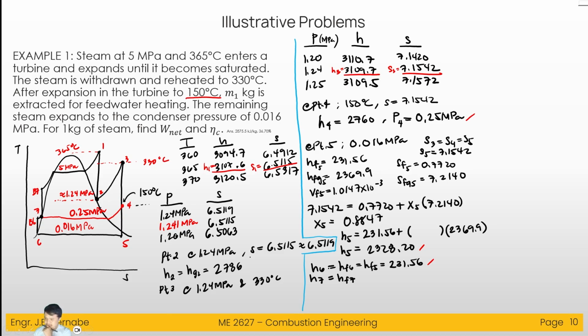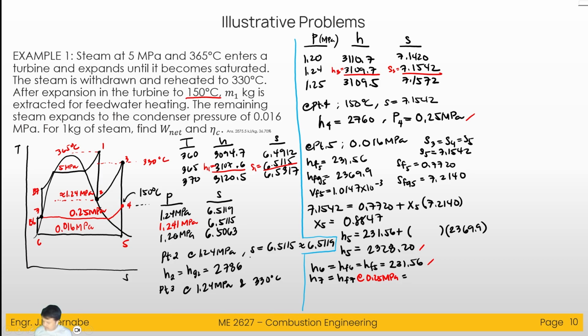is the HF at 0.25. So this will be at 0.25 MPa. So you can use table 2. No? So as you can see here, it is 0.25 megapascal. So that is the HF at the pressure.